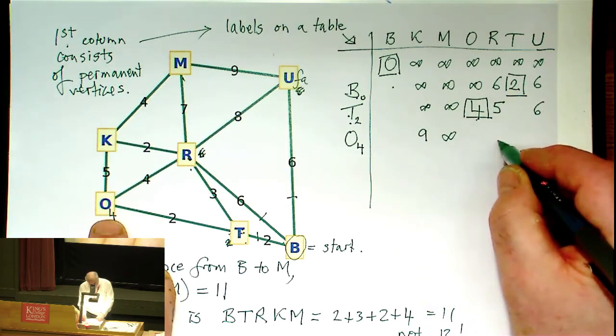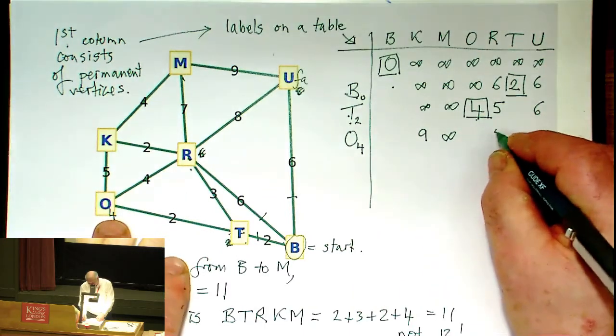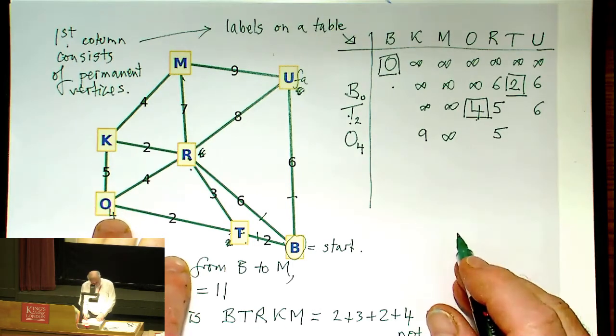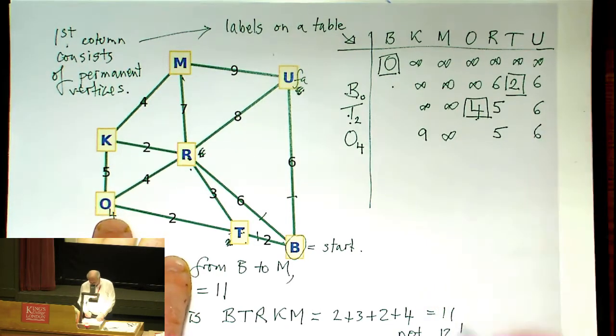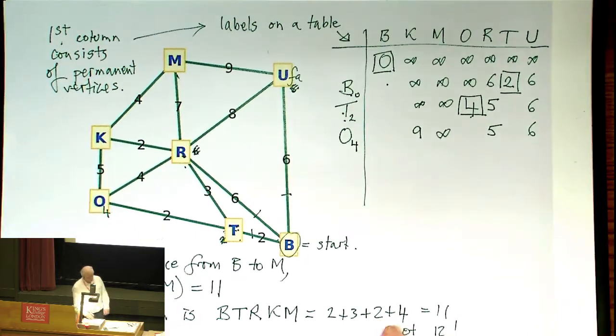O to R would be 4 plus 4 is 8, so the 5 stays. Can't improve on the 5. And O to U, I can't improve on the 6. So now I've scanned O, and the smallest distance is 5.